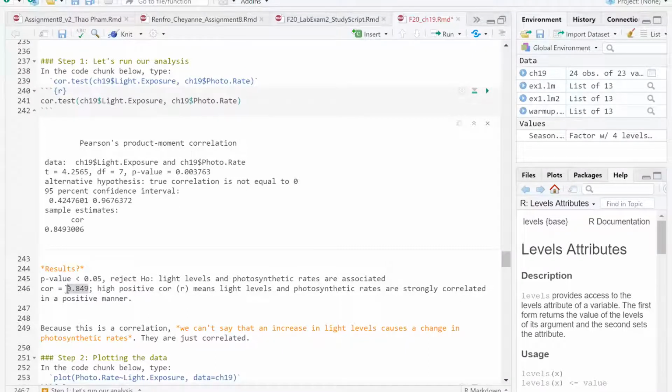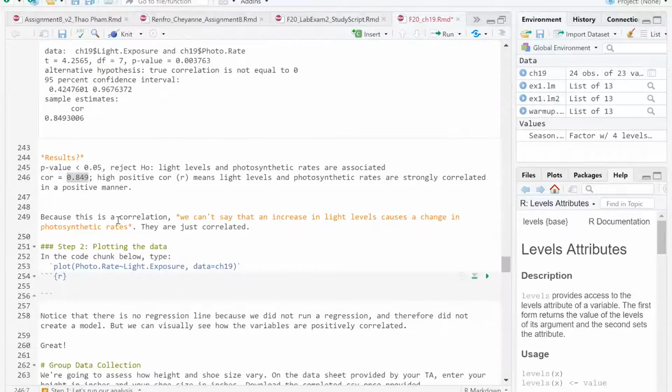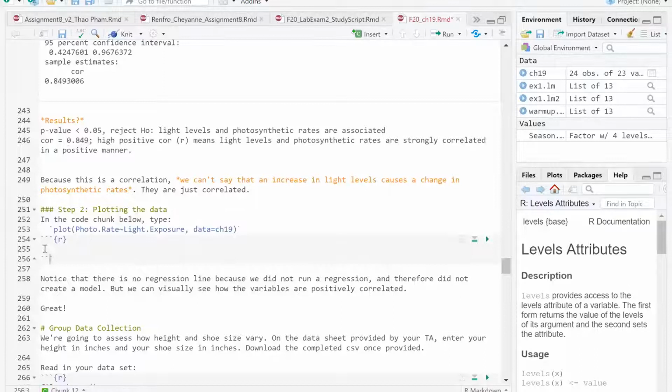Because remember, correlation coefficients can be negative or positive, and the negative or positive indicates slope. But because this is a correlation, we can't say that the increase in light levels causes a change in photosynthetic rates. They're just correlated. So when we plot our data, we don't include a line because the line suggests causation.